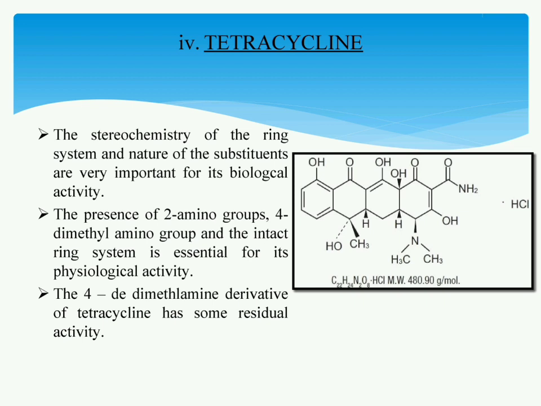X-ray diffraction studies further reveal that the 4-dimethylamino function is placed in a trans orientation rather than the cis form as inferred earlier by chemical investigations. A further study establishes the presence of a conjugated system existing in the structures of tetracycline from carbon 10 through carbon 12.